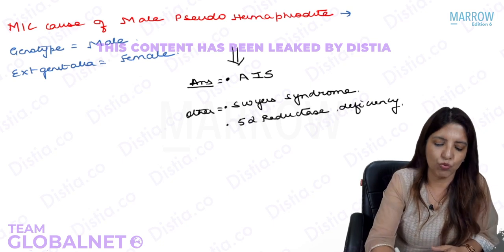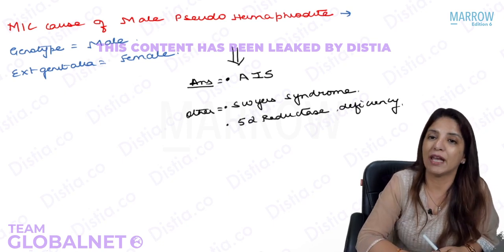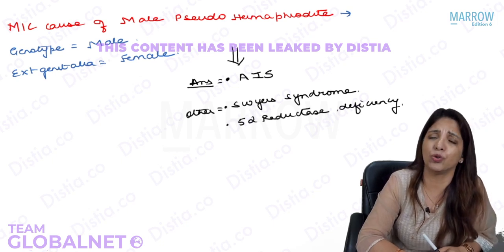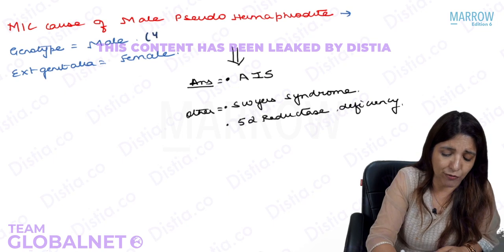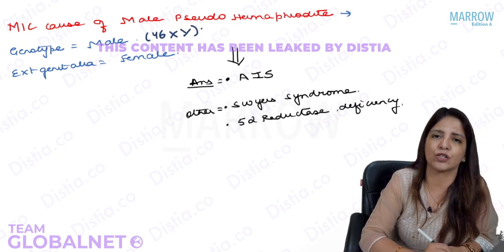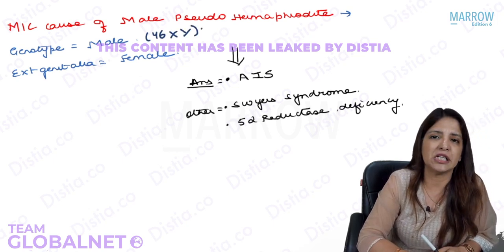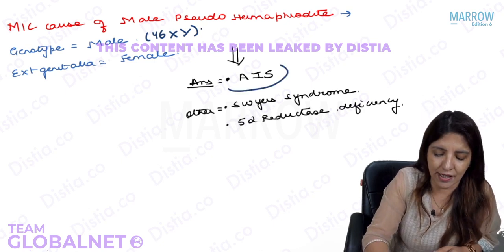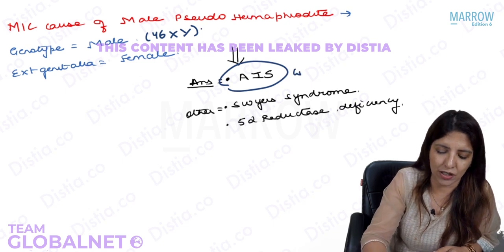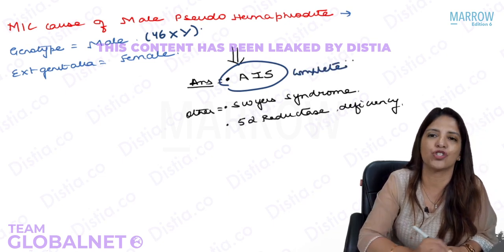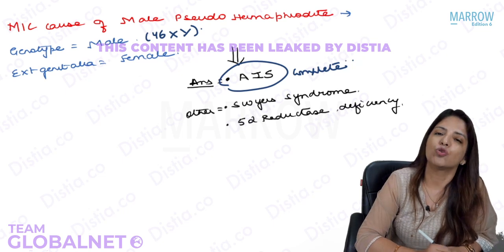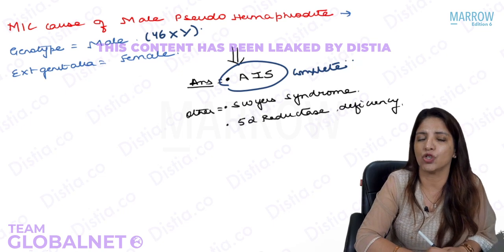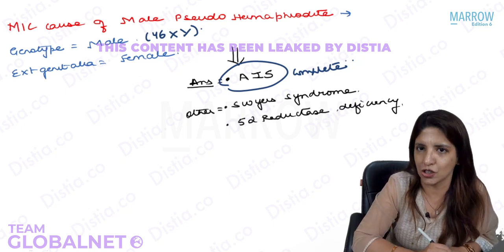If I ask you what is the most common cause of male pseudohermaphrodite, what do you understand by this term male pseudohermaphrodite? Male pseudohermaphrodite means we have a 46XY individual whose external genitalia are exactly female looking. So what is the answer? The answer is androgen insensitivity syndrome, complete androgen insensitivity syndrome. So what are the other conditions where you can have a 46XY individual with female-looking external genitalia?